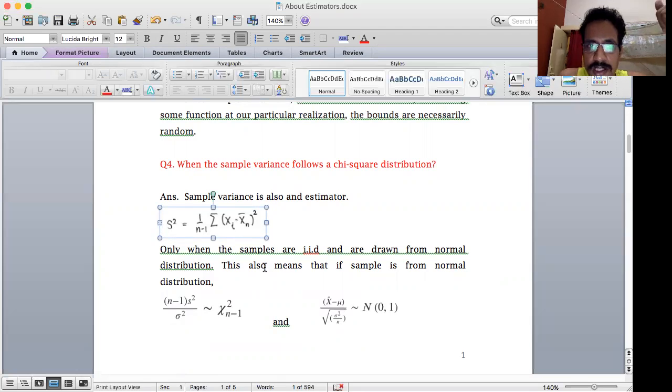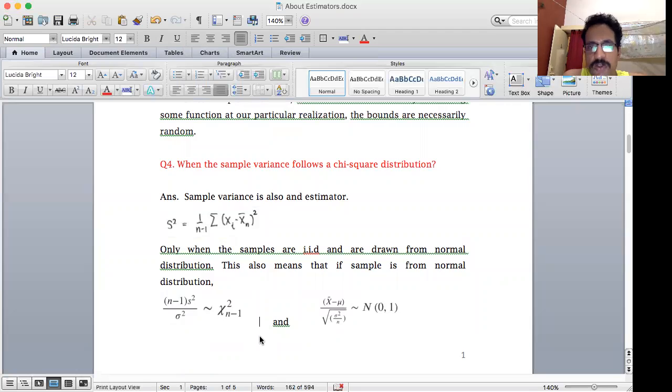Here we use the sample variance as an estimator. This also means that if the sample is from a normal distribution, then it will be a chi-square distribution. What does that mean? (n minus 1) upon sigma square multiplied by s square will have a chi-square distribution, and (x bar minus mu) over the square root of sigma square over n will also be normally distributed.